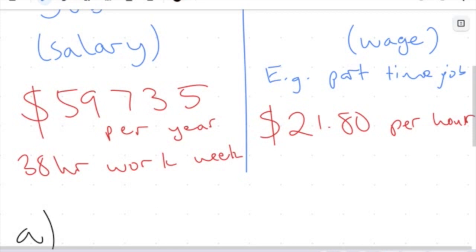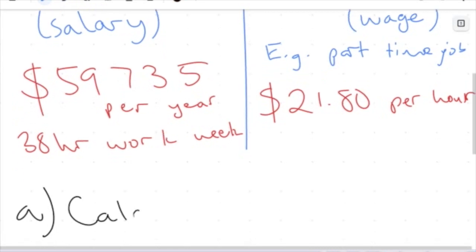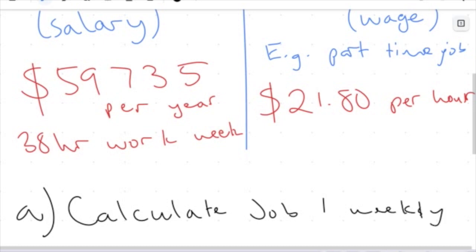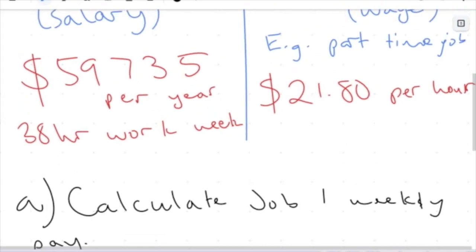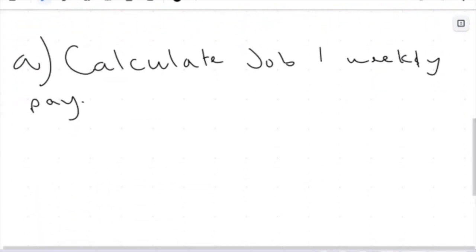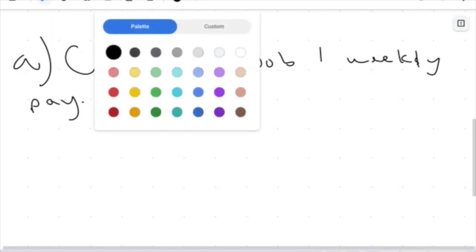So for question 1, we want to calculate the job 1 weekly pay. Now, I'm making $59,735 per year. How can I find this per week?